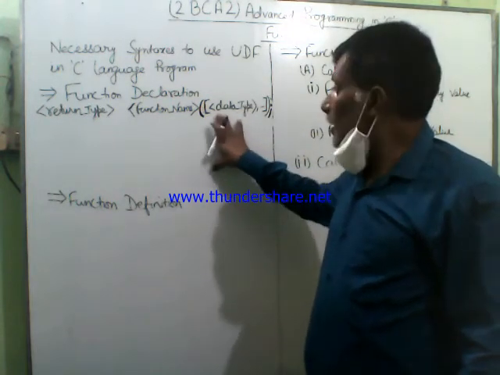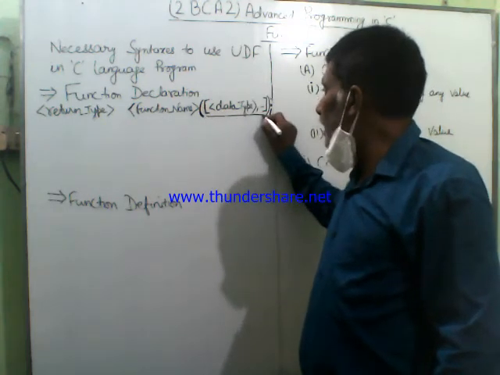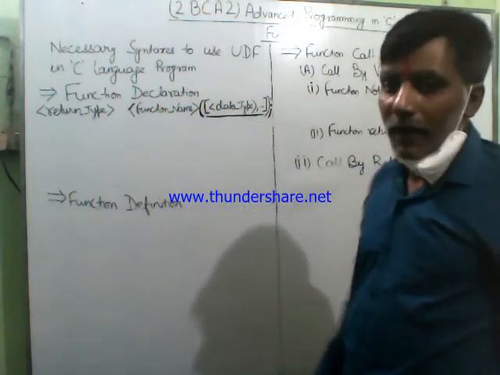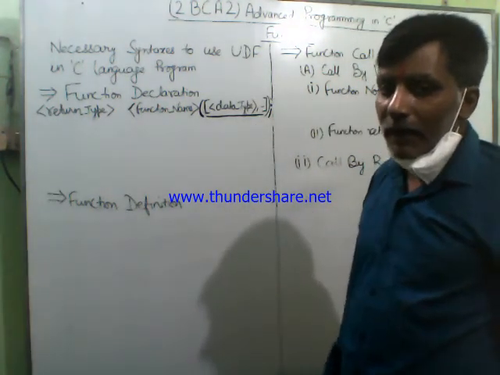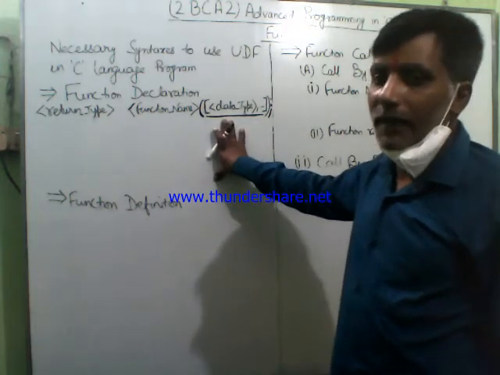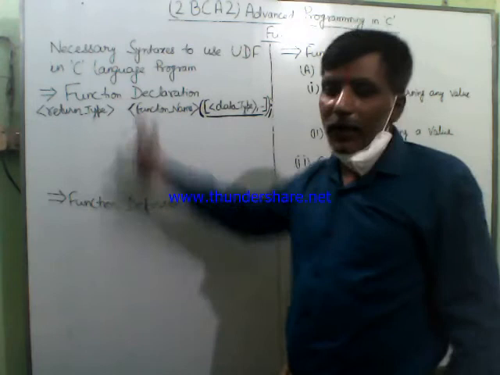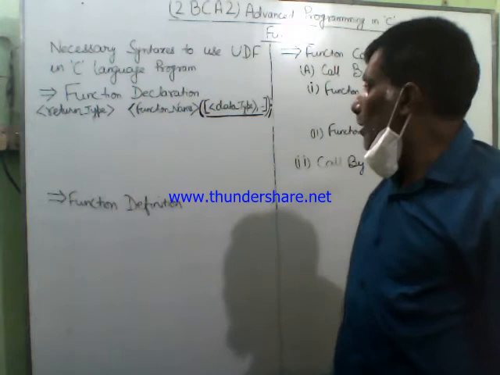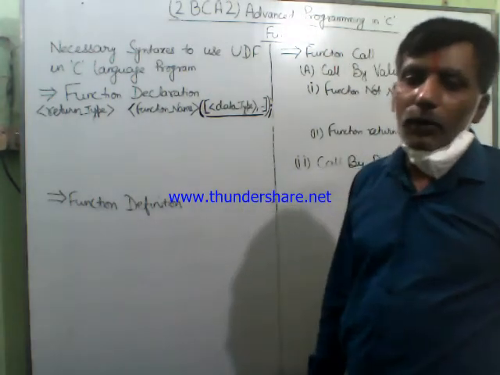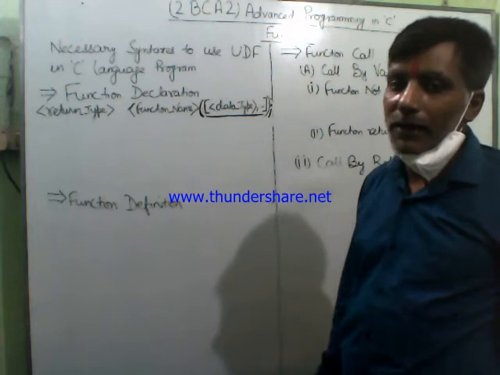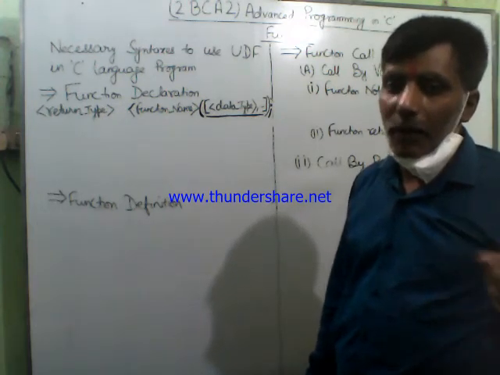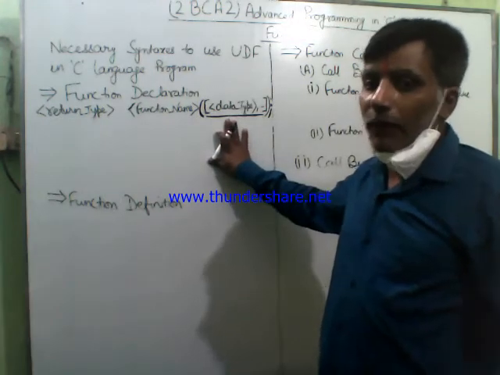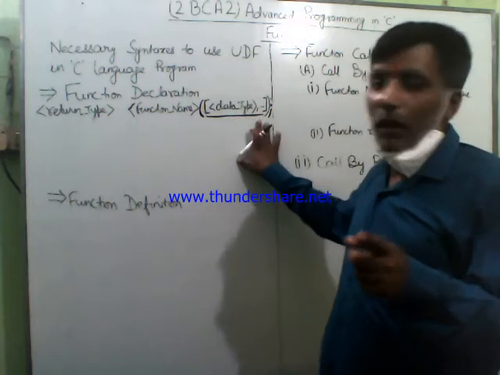This means that this is an optional field. If you are using such a user defined function that is not accepting any argument, then you have to leave this part of the syntax while performing the function declaration for the user defined function that you are going to use in the program. But when you are going to use such a user defined function in the C language program that is accepting some argument, then you have to write here the data type of each argument separated by comma.